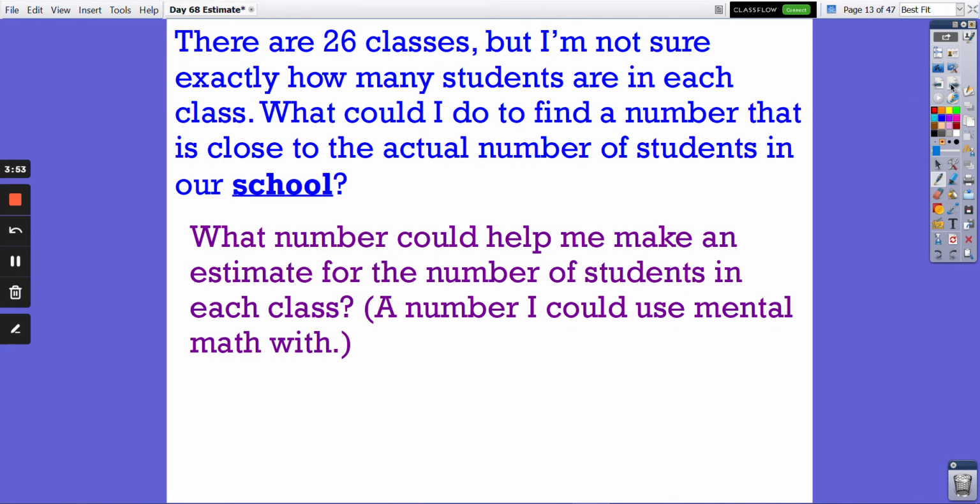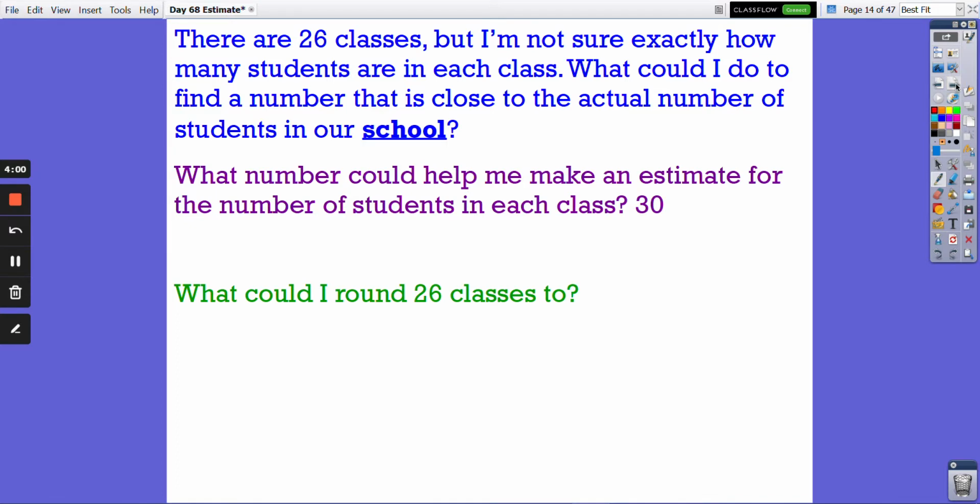Okay, what number could help me make this estimate easier for the number of students in each class? Again, I'm going to go with 30. I think that would be easier. It's in between the numbers there. For 26 classes, remember that's 26 classes meaning 26 groups of students. What could I round 26 classes to?